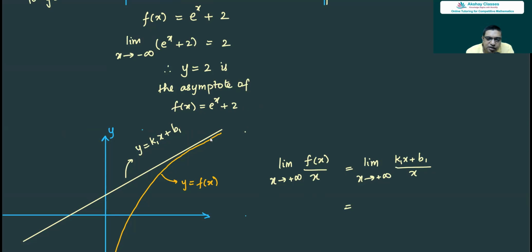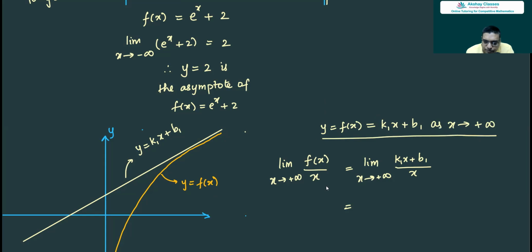Because by definition, the distance between the line and the curve is approaching 0. That means the points coincide. So as x goes to infinity, the y value will be the same. So the y value of the curve, which is f of x, is the same as the y value of this straight line as x approaches infinity.